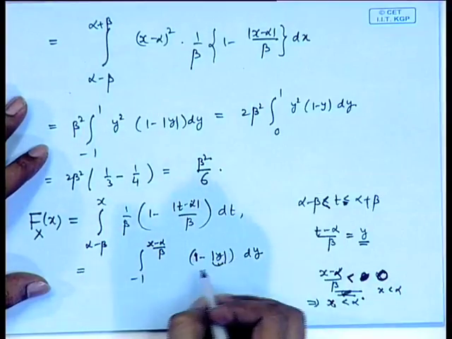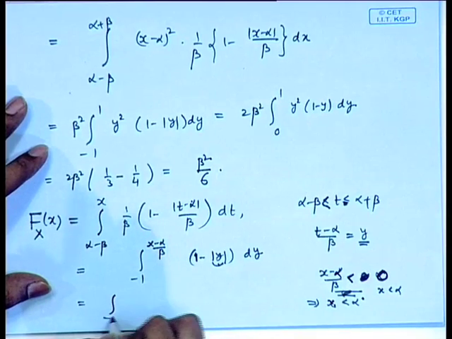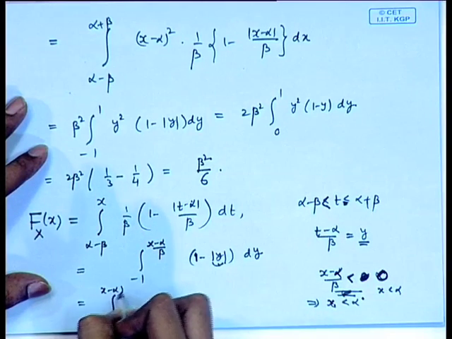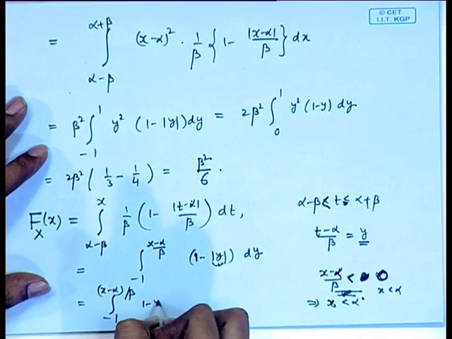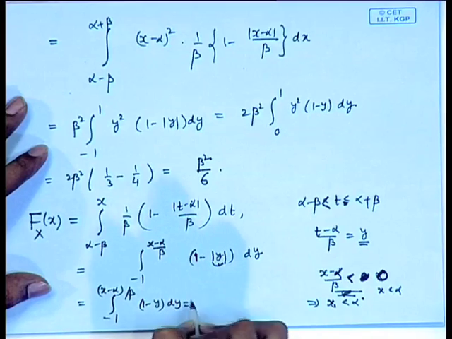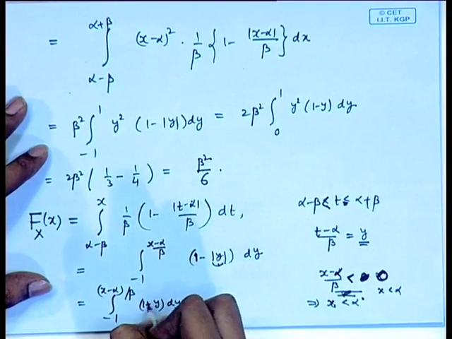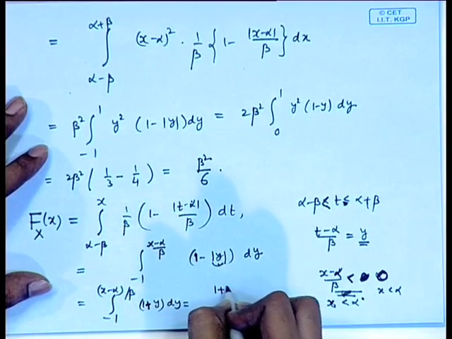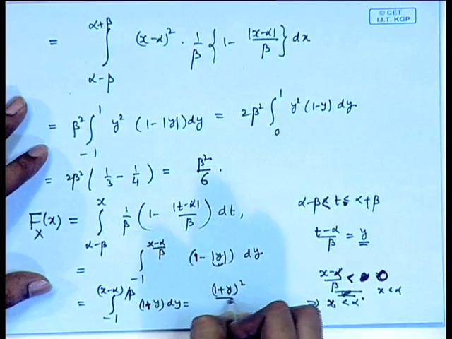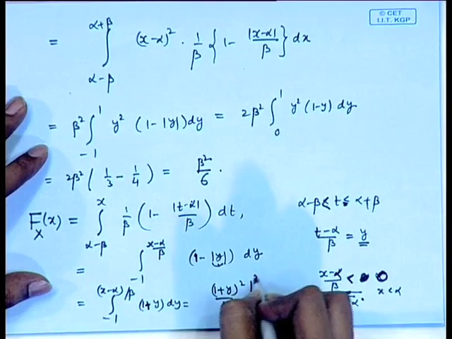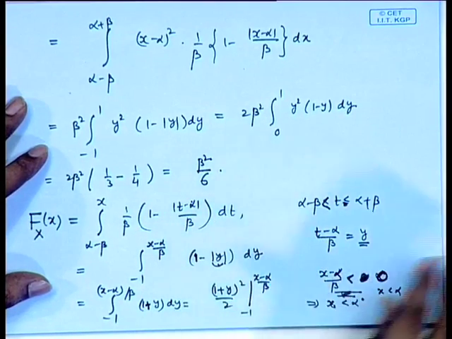If that is so, then this is equal to the integral from minus 1 to (x minus alpha) by beta of 1 minus modulus y dy, which is equal to 1 plus y dy, which is simply equal to [y plus y square by 2] from minus 1 to (x minus alpha) by beta.